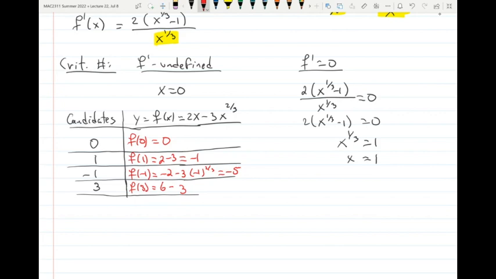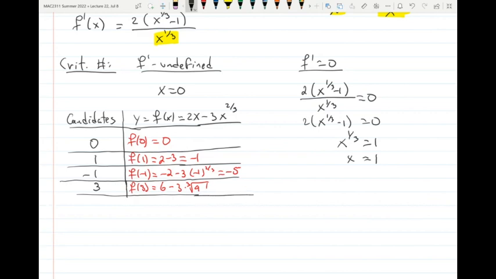That's 3 to the 1 plus 2 over 3, so that's going to be 3 to the 5/3. It's easier to write it as 3 times the cube root of 3 squared, which is 9.